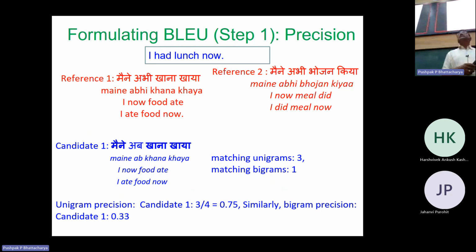And as you know, since synonyms are possible, synonyms can lead to unigram mismatch. So there is a measure called METEOR, which tries to accommodate the synonym match also. Otherwise, if there is unigram mismatch due to synonyms, then in spite of the translation being good, you'll get a low score.